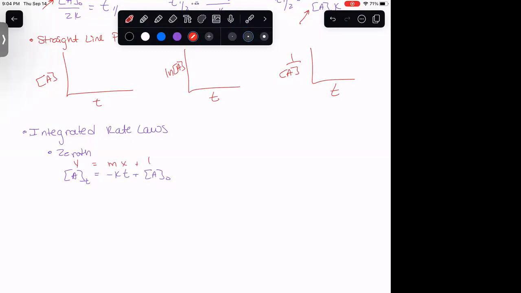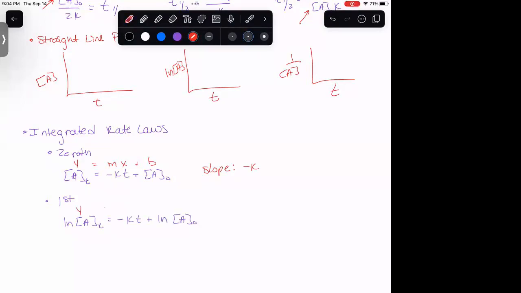Then for the first order, we have the natural logarithm of the final concentration is equal to negative KT again, just like our 0th order, plus the natural log of our initial concentration.